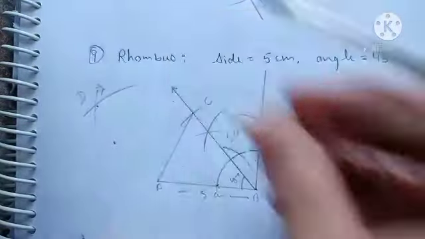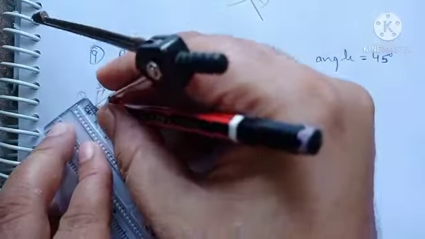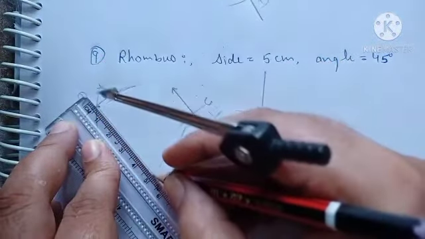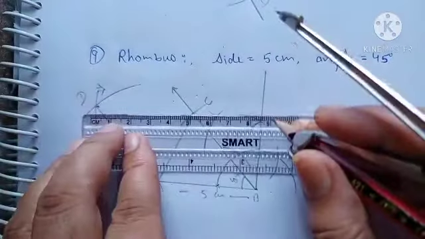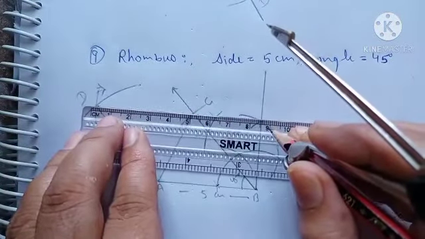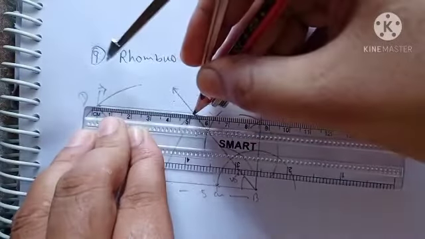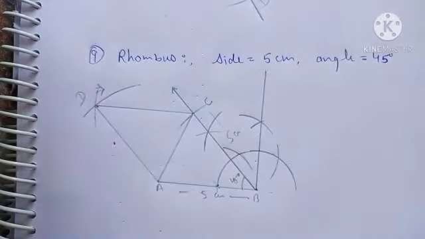So it is the point D. Now join AD and CD. So ABCD is a required rhombus.